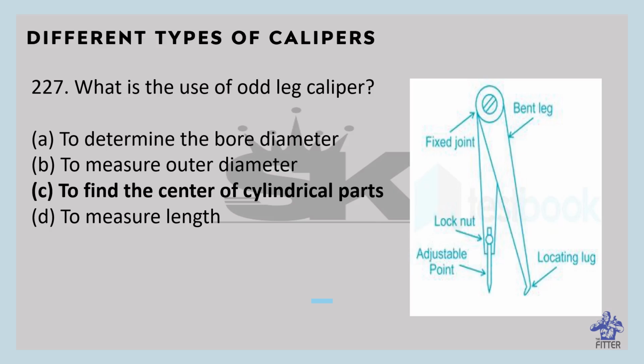You can see here, it has one leg bent inward, and one straight leg ending in a sharp point. It is a tool used to lay out lines that are parallel to the edge of the workpiece. It can also be used to find the center of cylindrical shape workpieces.